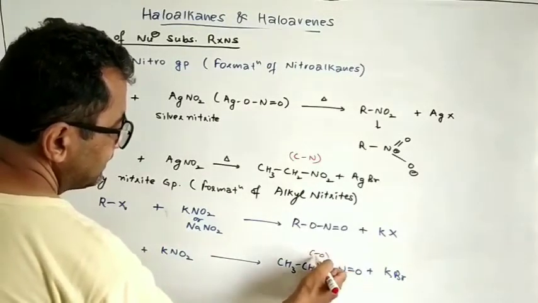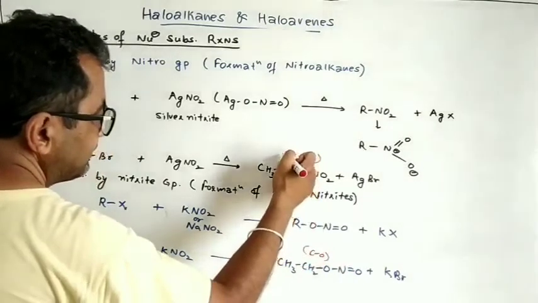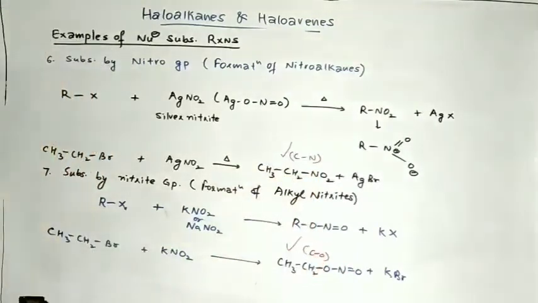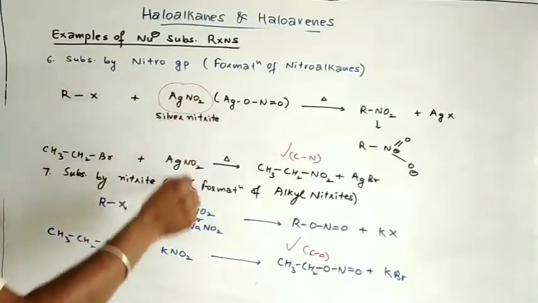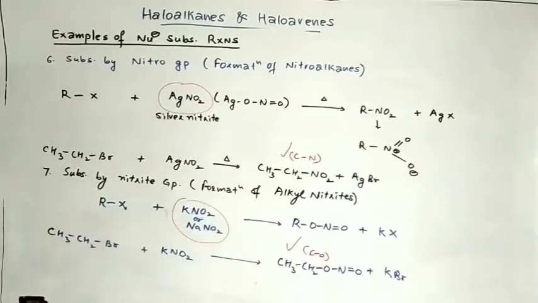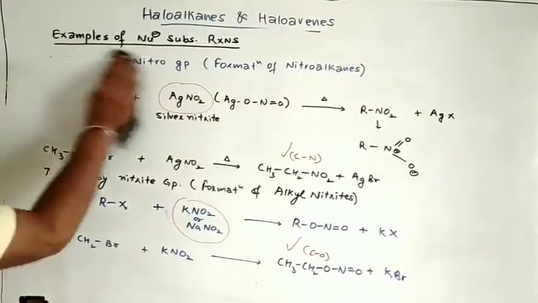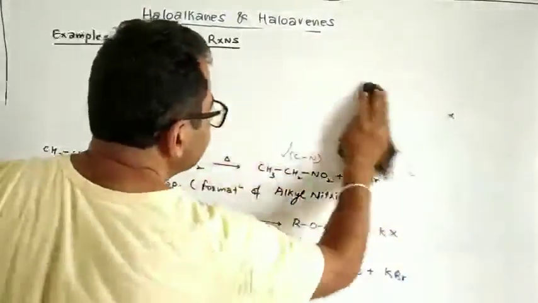That is between C and O, and here it is between C and N. This is the difference. When you change this reagent, your product will change, just like cyanide and isocyanide. So its explanation: here the nitrite, NO2, is again an ambident nucleophile.